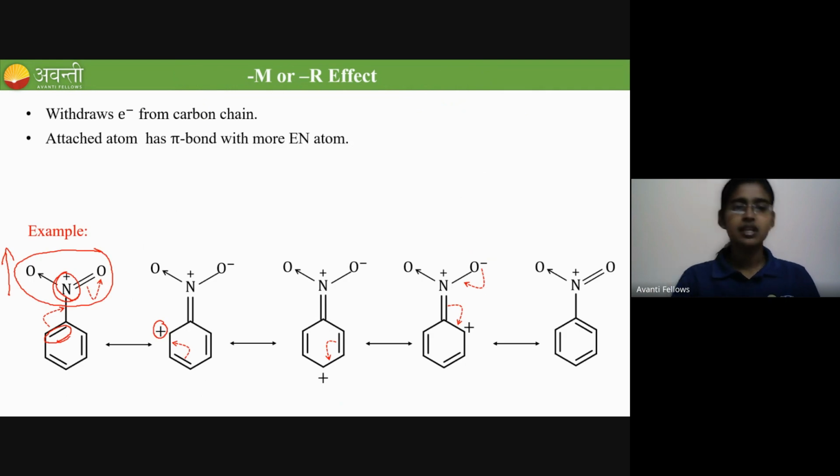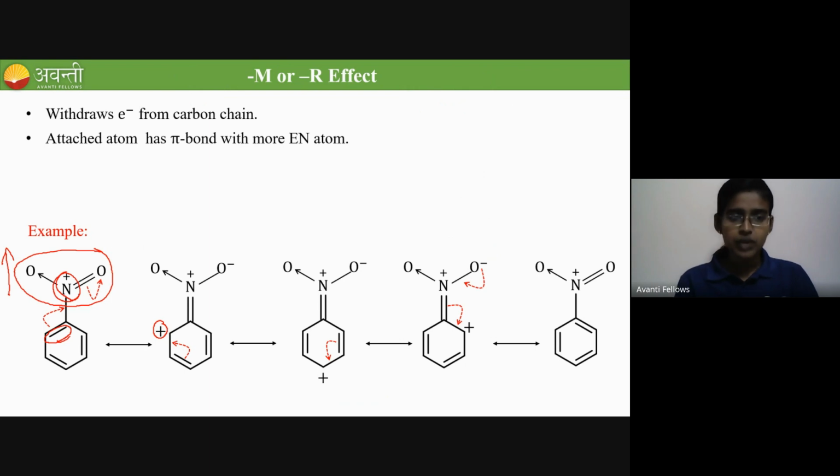You can see the positive charge is getting delocalized at ortho and para. I already told you what is ortho, para and meta, right? What is ortho? Ortho means adjacent to the group which is attached to the ring. And what is meta? Alternate position to the group attached. And what is para? Opposite to the group which is attached to the ring.